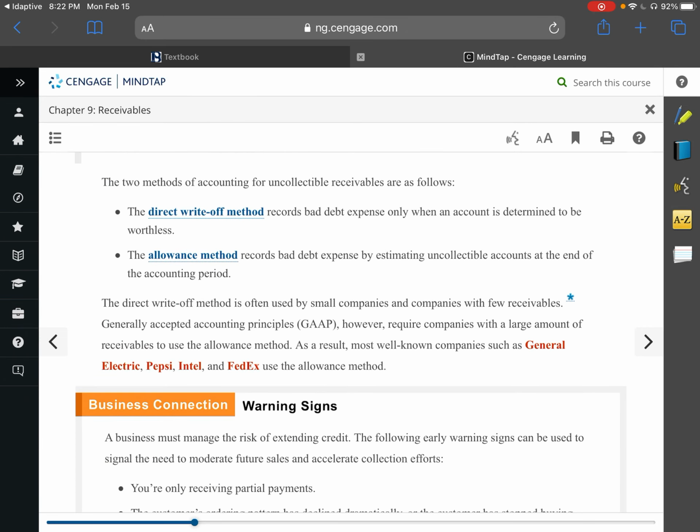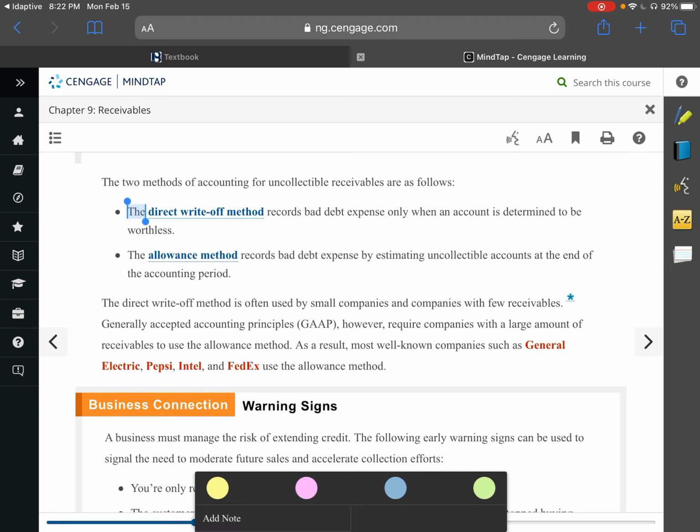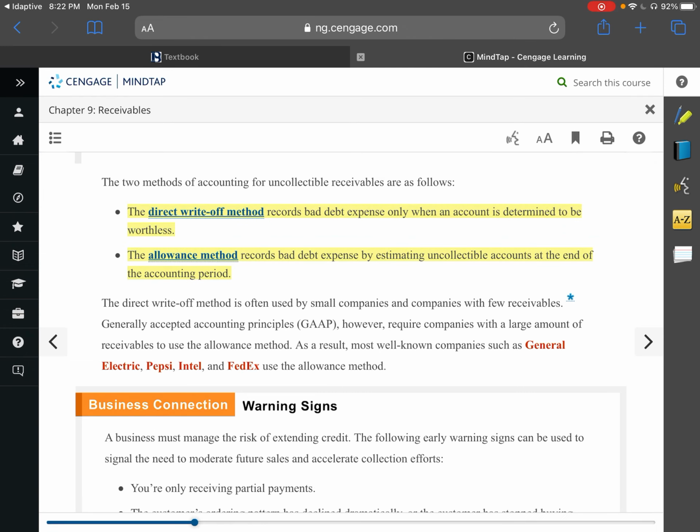So there's two methods that we're going to introduce that companies use to account for uncollectible receivables. And they're called the direct write-off method, which I'll highlight right here, and the allowance method. Okay, so the direct write-off method is used by smaller companies when they have a small accounts receivable balance.